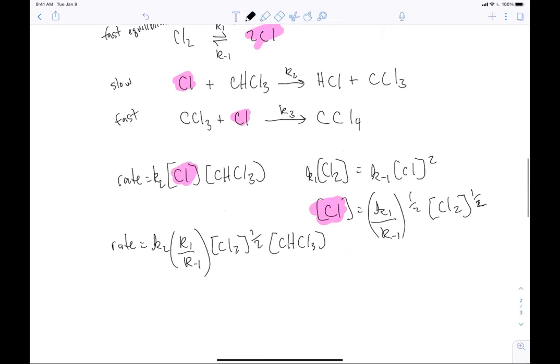We collapse all of these rate constants into K. So the rate law for this would just be equal to K times Cl2 to the 1/2 times CHCl3.